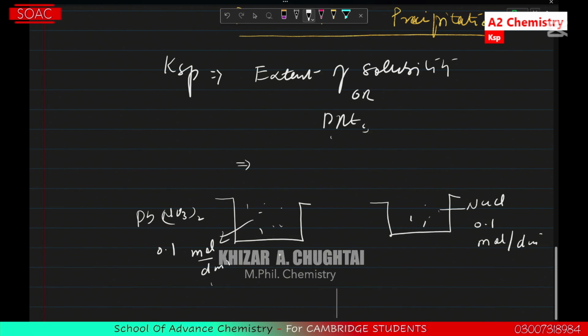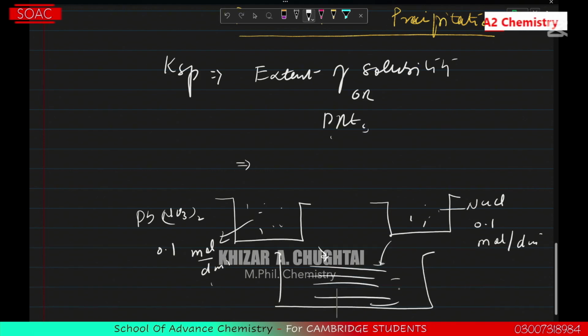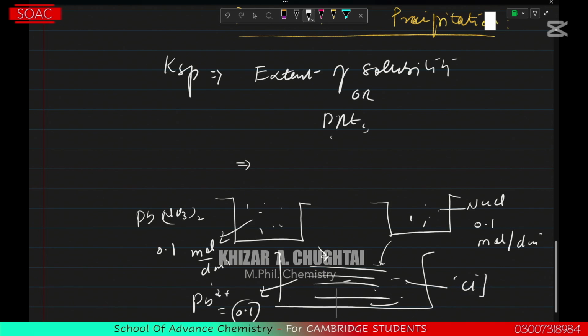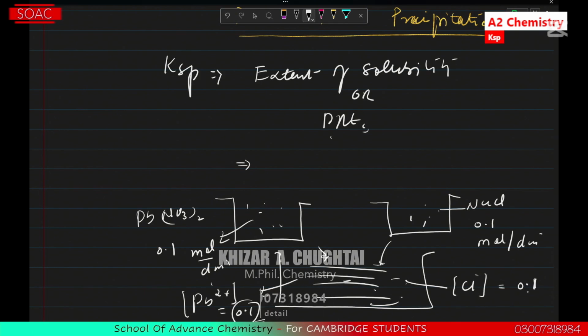So I'm going to mix these two solutions. Let's suppose the concentration is not going to change. The concentration of Pb2 positive ion is equal to 0.1 and the concentration of Cl negative ion is also equal to 0.1 mole per dm cube.